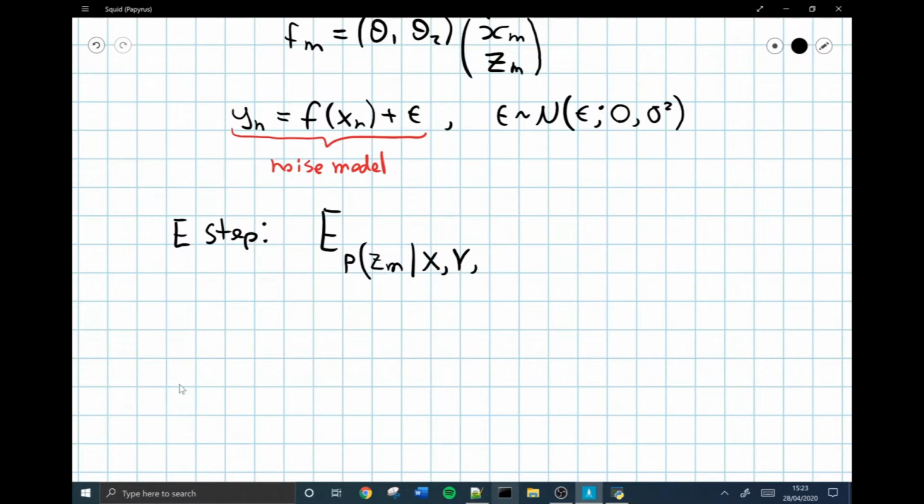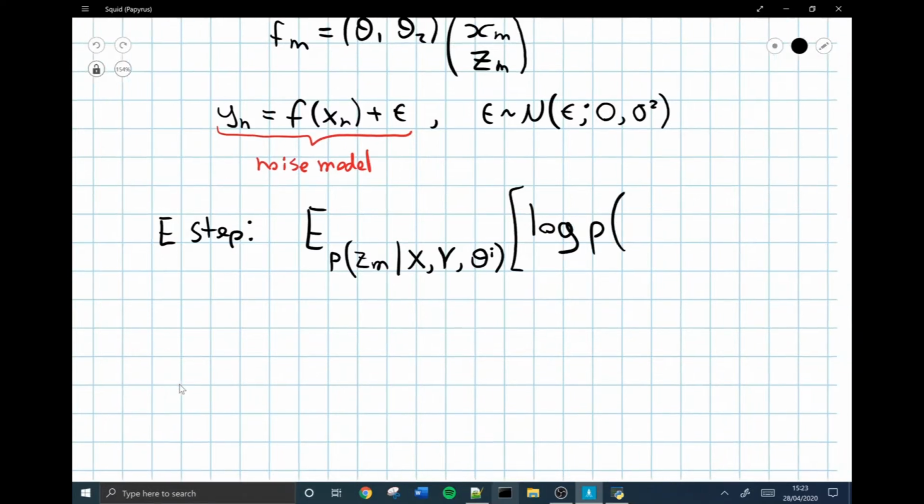And again, we say we've got our parameters fixed equal to our current best guess, and we're going to write that as theta I. And it's the expected value of the joint probability distribution of our data, logged.